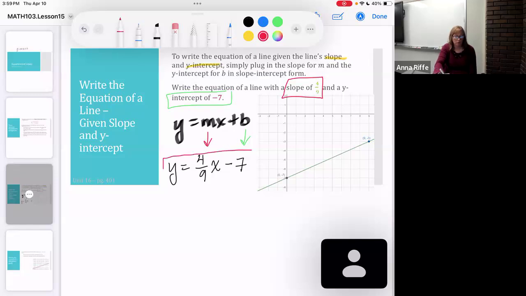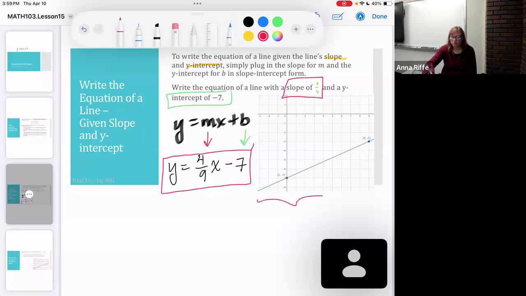That's our equation. That's all we've got to do. Any questions on that? That's not too terrible if you're given the slope and the y-intercept.